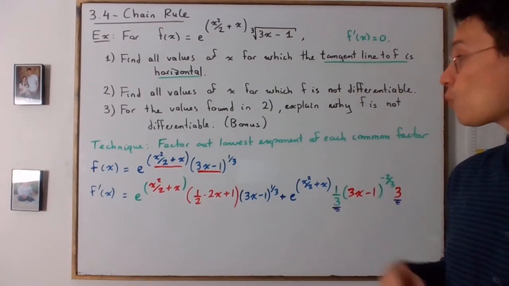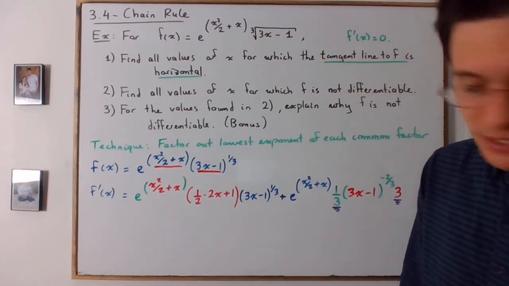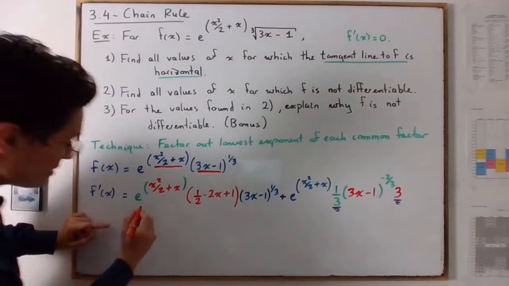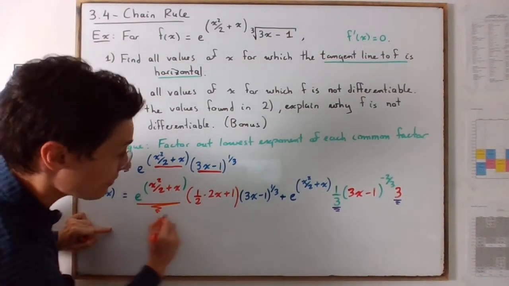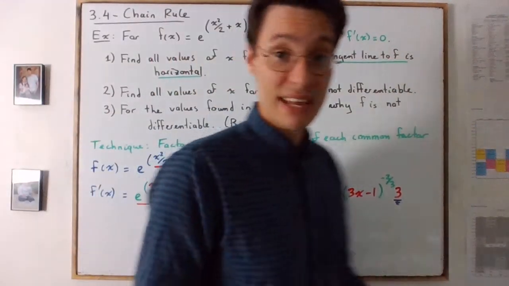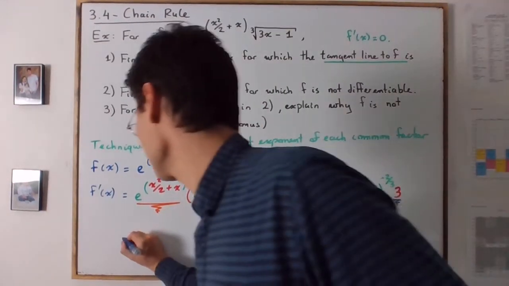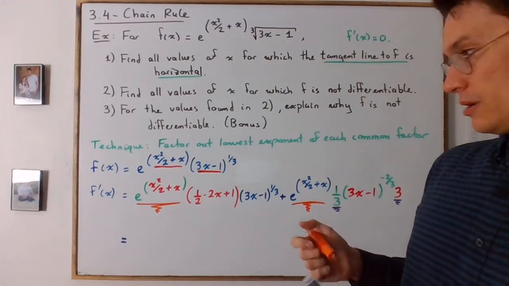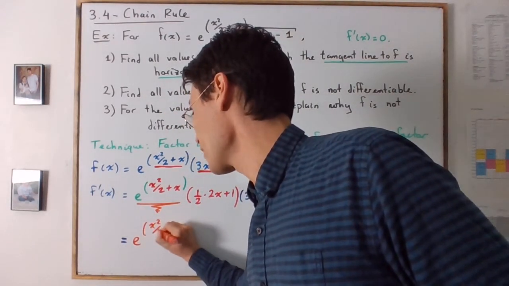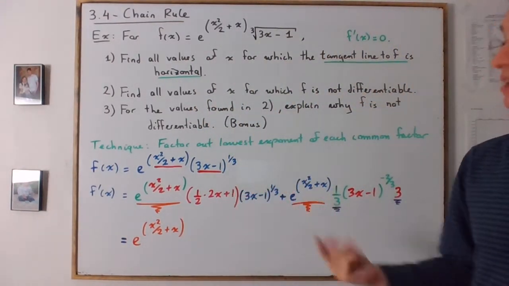But at some point, you want to factor the lowest exponent of each common factor. So how do we achieve that? Note that the exponential itself is a common factor, right? So we're going to take it out. We're going to have e to the power of x squared over 2 plus x. This is one of the common factors.